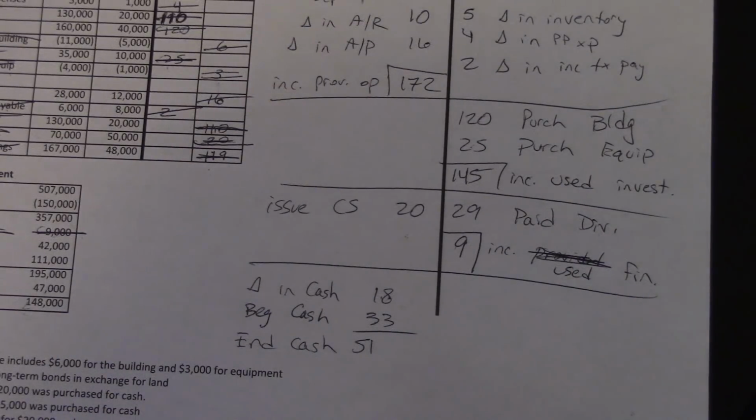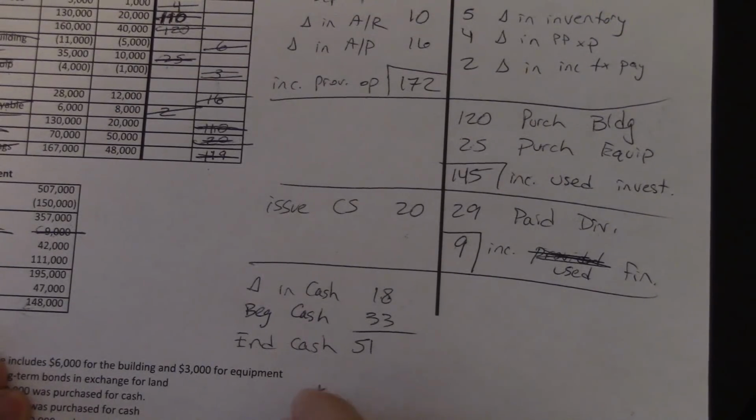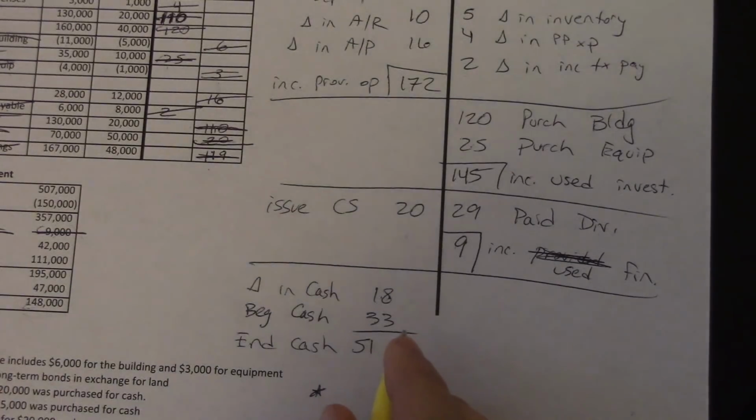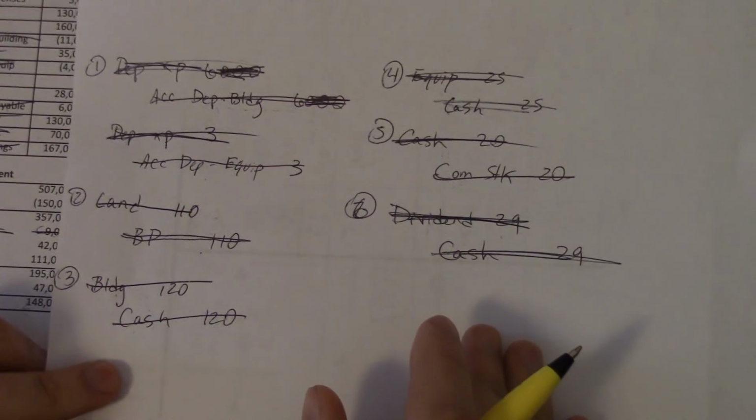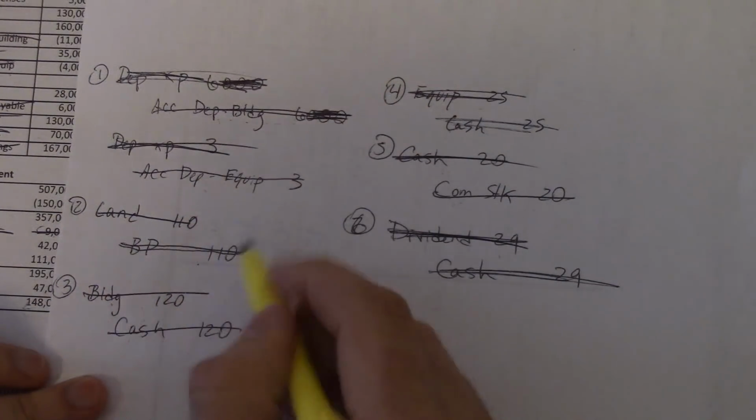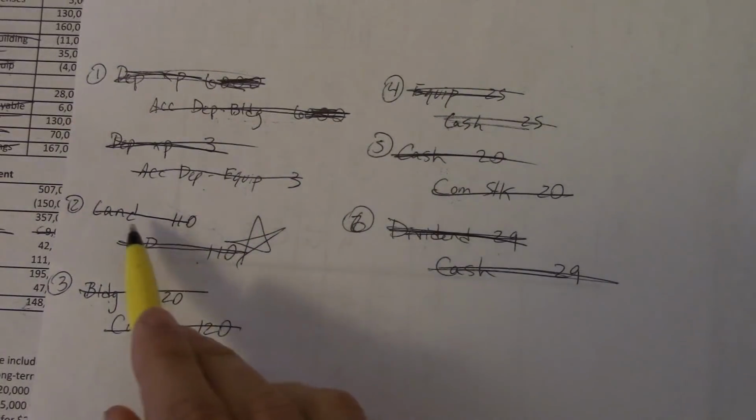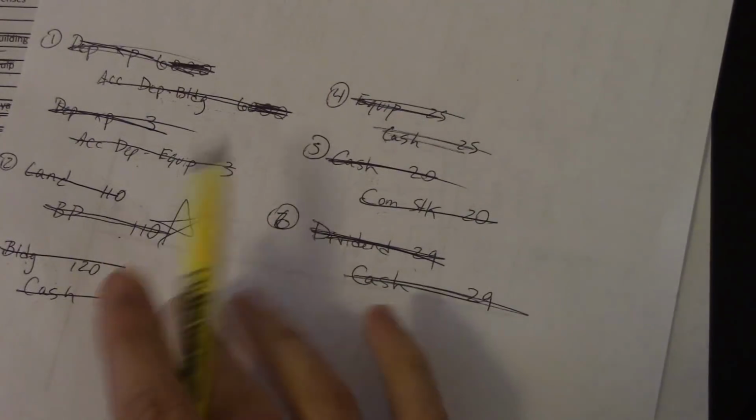There we go. Now, an extra thing that I didn't talk about here is that in cash flow statements, at the very bottom, we add some footnotes talking about any non-cash purchases. So in this case, if you can read through the journal entries, we purchased in number 2 a piece of land not using cash.